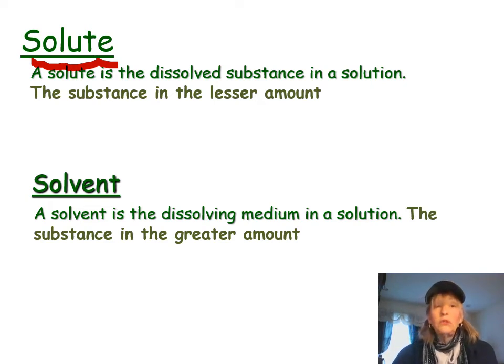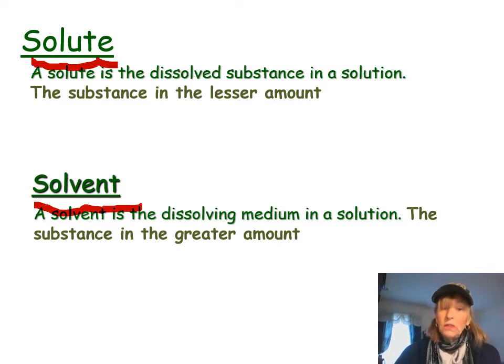The solute is typically the substance in a solution that occurs in a lesser amount. The second part of a solution is the solvent. A solvent is the dissolving medium in a solution. It is typically the substance in greater amount.